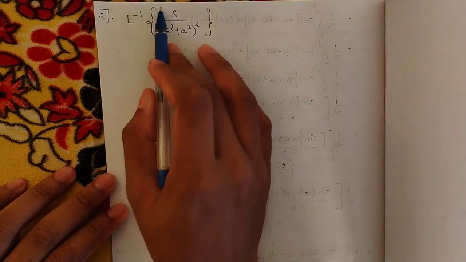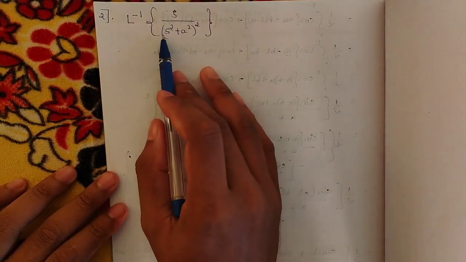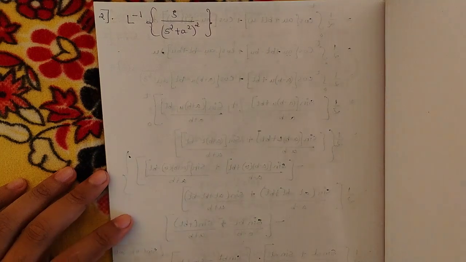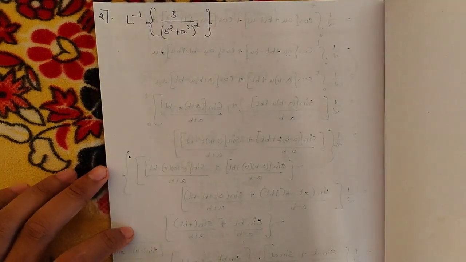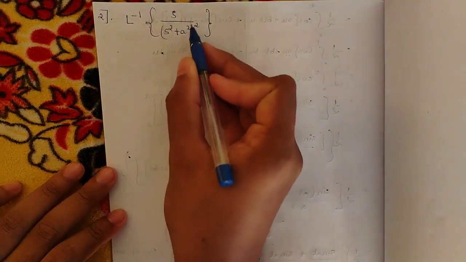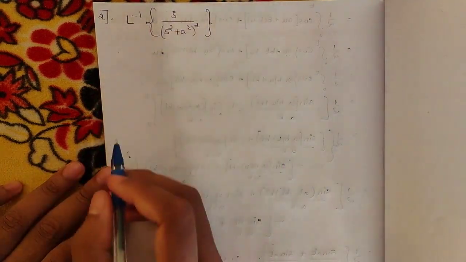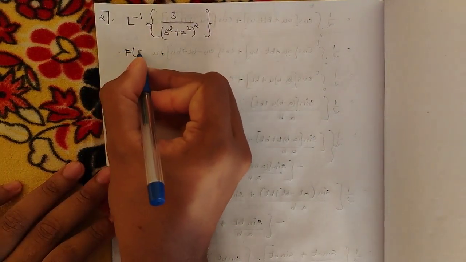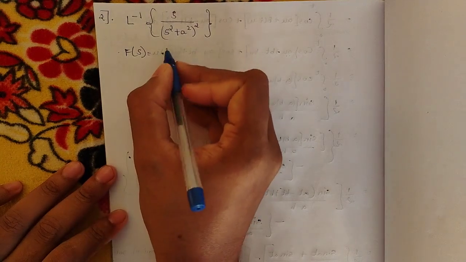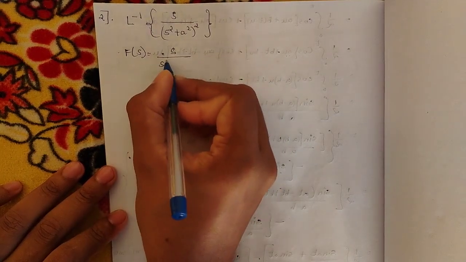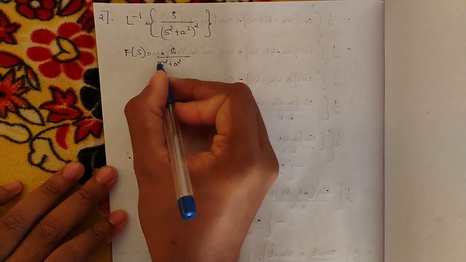L inverse of s divided by s square plus a square, the whole square. Okay, this we should be solving using convolution now. Before that, we should be splitting whatever is there in the bracket, right? So here f of s is equal to s divided by s square plus a square the whole square.